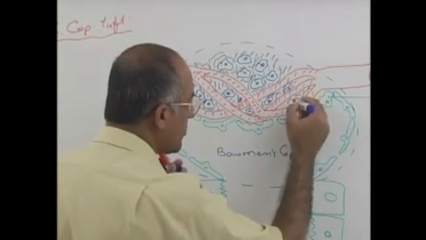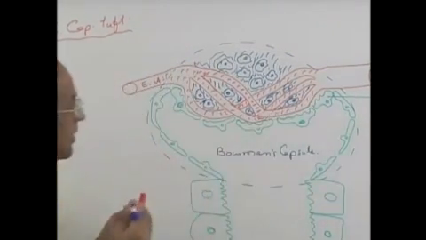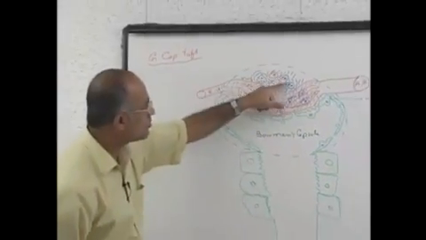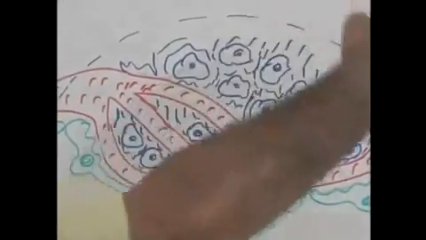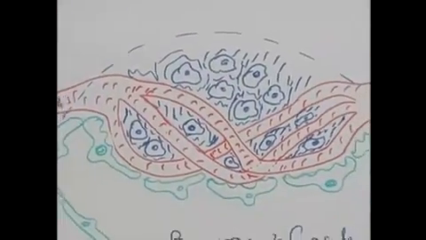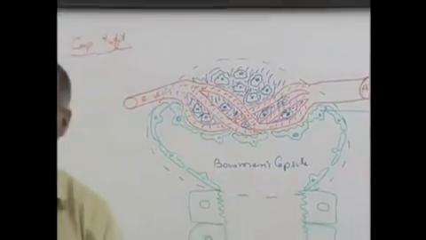Now, all this structure, these blue cells, mesangial cells with the connective tissue in which capillaries are passing through, all this structure is called mesangium.